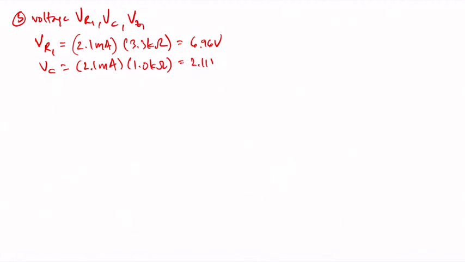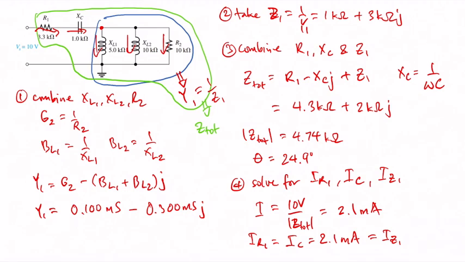This will give us 2.11 volts. And the voltage across Z1 is equal to 2.1 milliamperes times 3.16 kilo ohms, which is 6.67 volts. How do we get 3.16 kilo ohms? Well, we simply take the absolute value of Z1, and that will give us 3.16 kilo ohms.